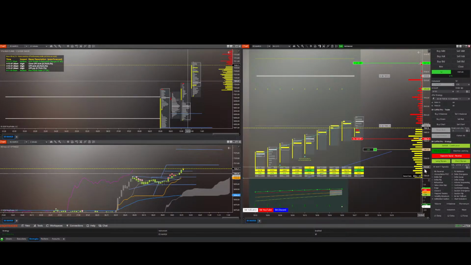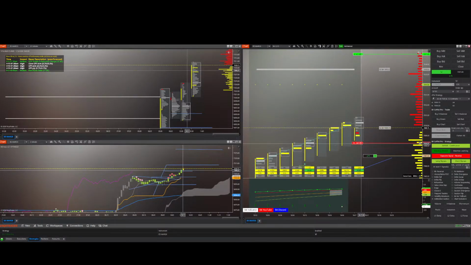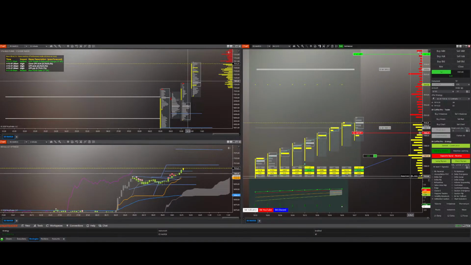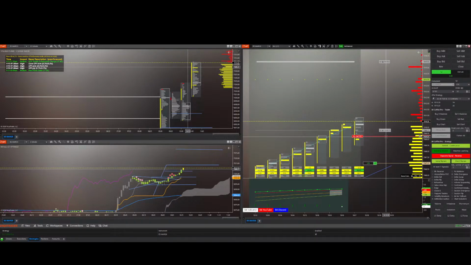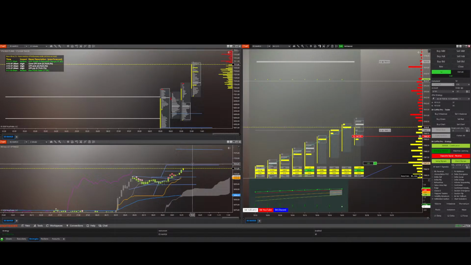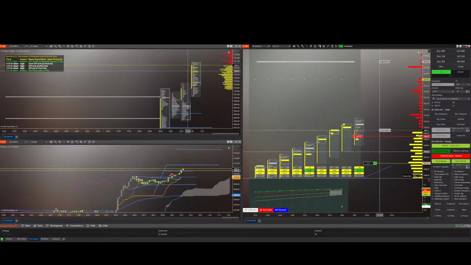We're getting into a squeeze here. I'm going to lock that in at about $400 profit. I'm hoping it's going to push higher here on this little squeeze, makes it up to this target here.